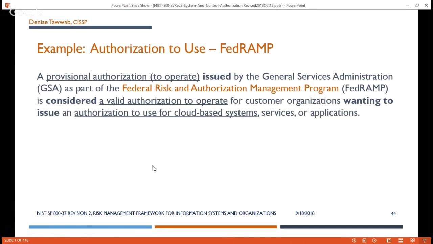And in that case, they're issued an authorization to operate. And now all the federal agencies who want to use that cloud provider can use that authorization to operate issued by GSA, and each individual agency doesn't have to do an authorization of the provider organization, because it's handled in a centralized FedRAMP program. I hope that makes sense.